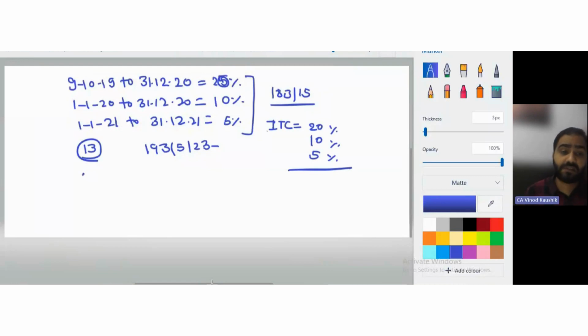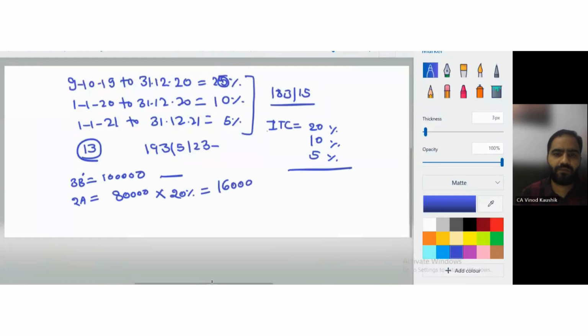They have taken some examples also. Suppose you have taken 1 lakh rupees ITC in 3B and in 2A only 80,000 is appearing. They are saying that only to the extent of 20% of what is appearing, 120%, so 20% is 16,000.